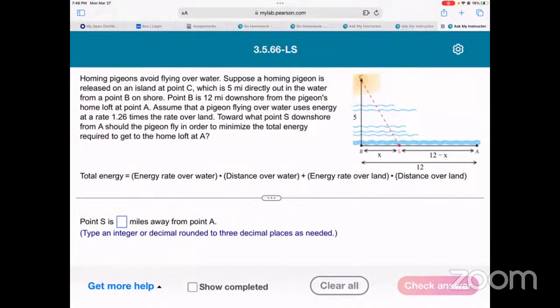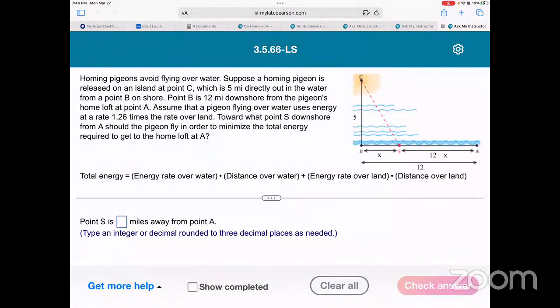Assume that a pigeon flying over water uses energy at a rate of 1.26 times the rate over land. Towards what point S downshore from A should the pigeon fly in order to minimize the total energy required to get to the home loft at A?